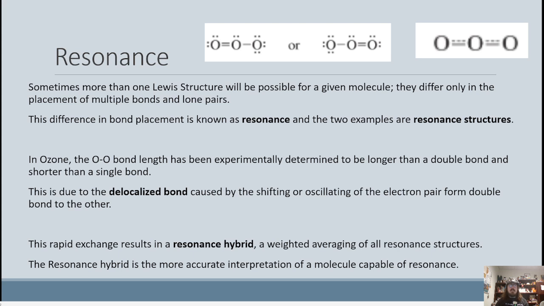But basically, this transfer is so fast that we get an averaging of the two structures. We get what's called a resonance hybrid, which is what we see in most cases, where it's moving so fast you don't see where it's at.